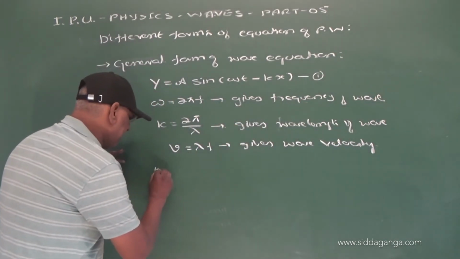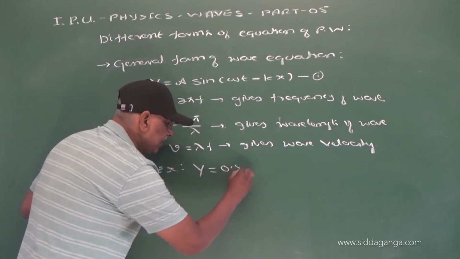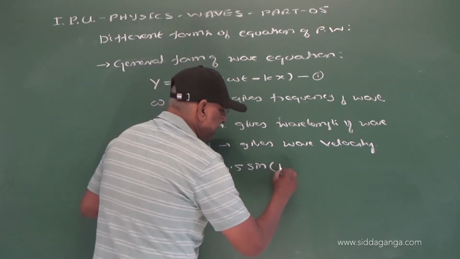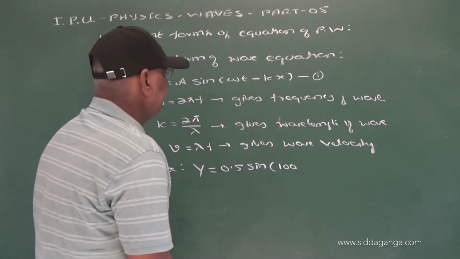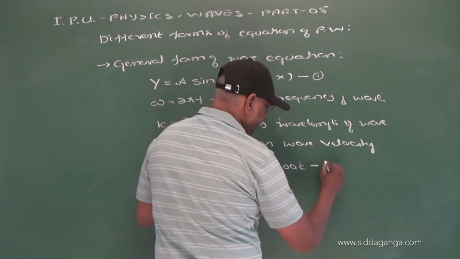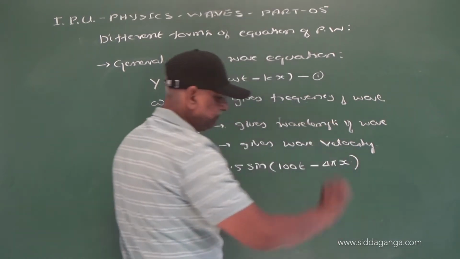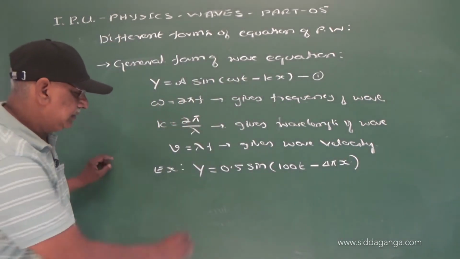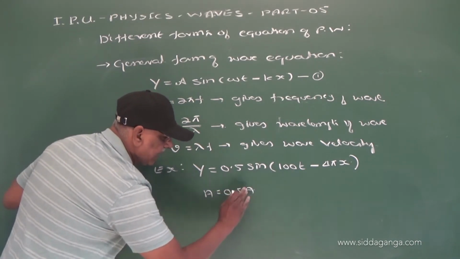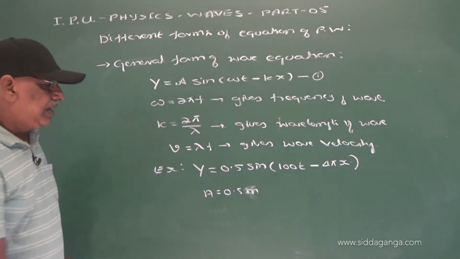Suppose, for example, y is equal to 0.5 sin(100t minus 4 pi x). Now here in this equation, A is equal to 0.5 meter, that is the amplitude taken in SI system.